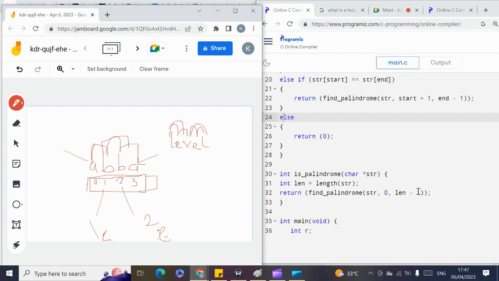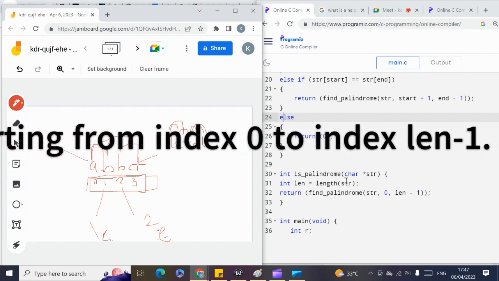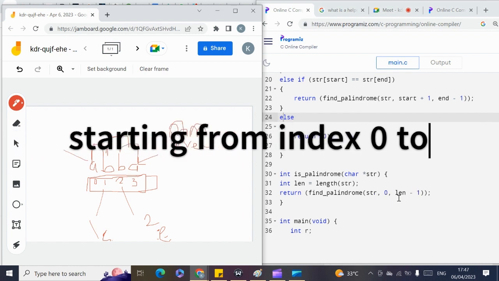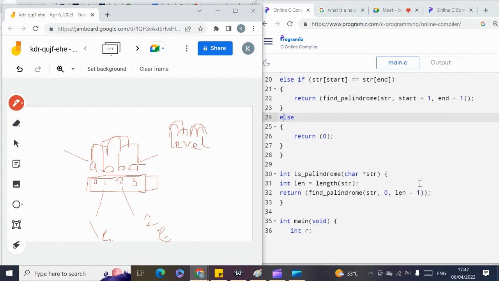So we're going to have all the string excluding the null byte, starting from zero index.